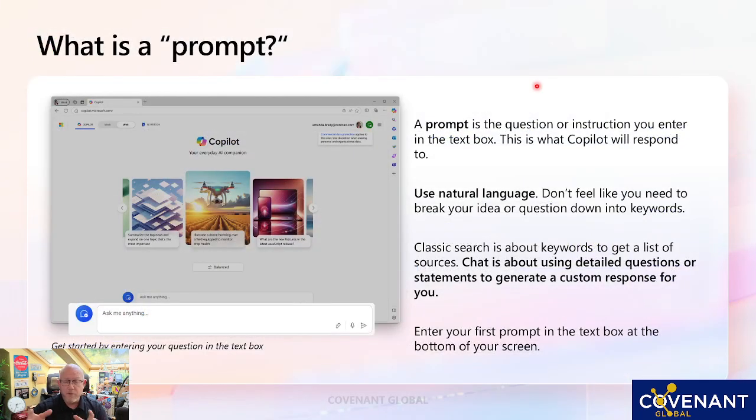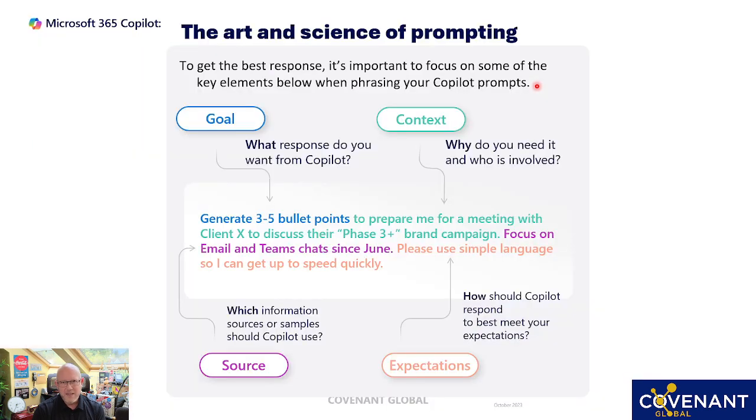A prompt. What is a prompt? A prompt is, again, a conversation. You're asking Copilot to provide you information. And there are good prompts and there are bad prompts. We all as individuals have our own slang, our own terms, and our abbreviations for things. Well, with Copilot and generative AI, you need to have some structure to it. There's a lot of training around this, but here are the highlights.